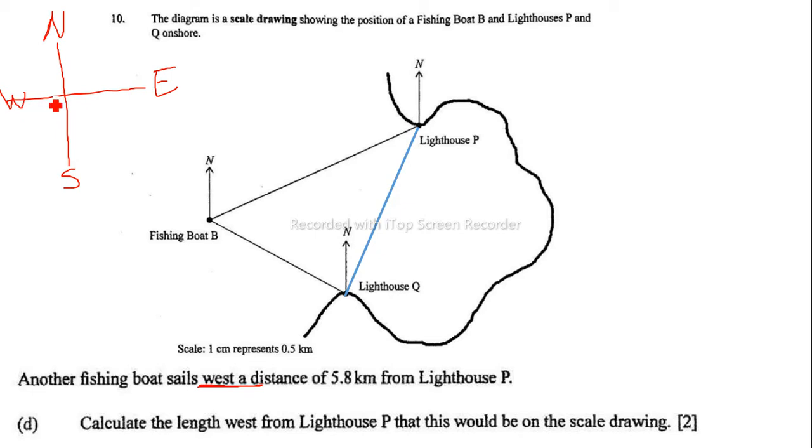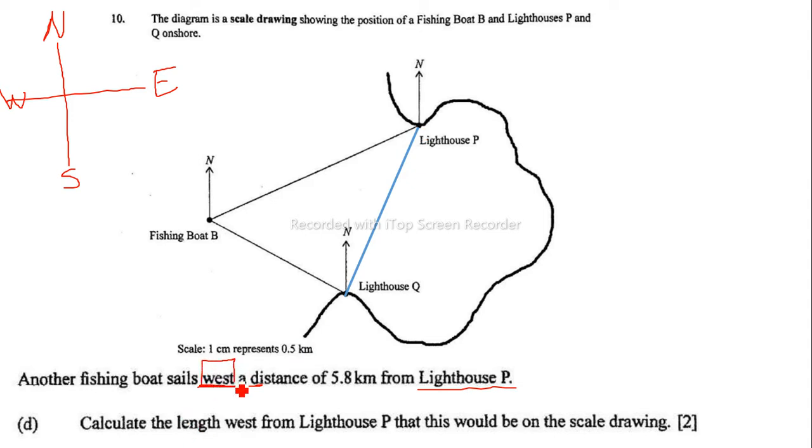West is this way. So another fishing boat sails west 5.8 kilometers from Lighthouse P. We have to start at which lighthouse? Lighthouse P. Very good. And then we have to sail in which direction? West. Yes, west.